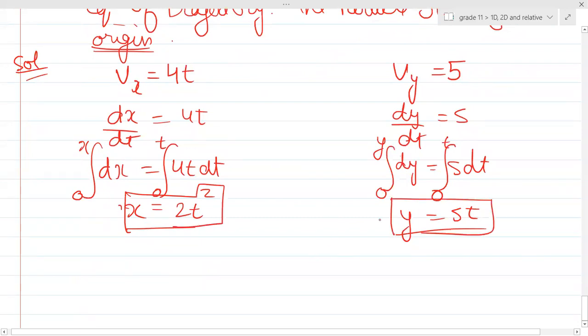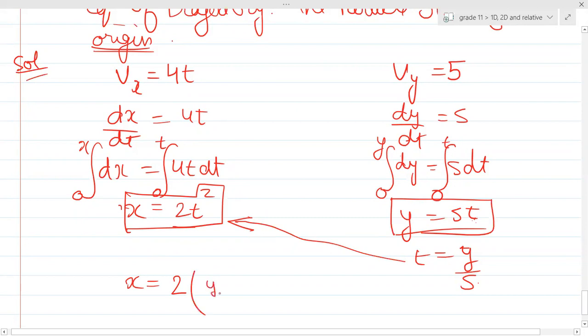What do you need to do? You need to eliminate the time, right? So can you see from here, I can write t is basically y upon 5. From this equation, can I put it in this equation? So x is equal to twice of y by 5 whole square. So x is equal to 2y square by 25.